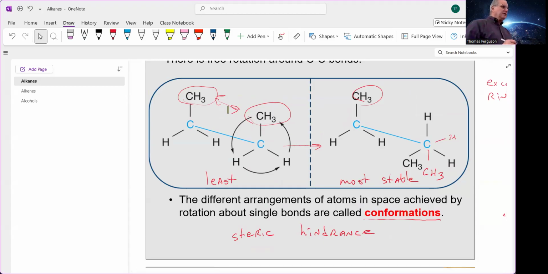This is something you need to know. Carbon-carbon single bonds rotate freely. There's no rigidity. What I mean by rigidity is that it won't rotate.